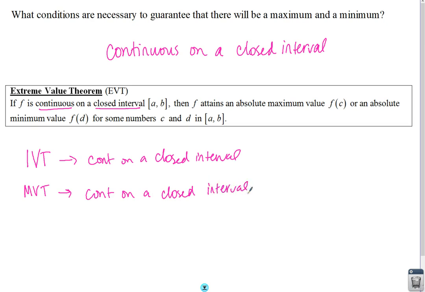What's the extra condition for this one? Continuous on a closed interval, and it also had to be differentiable on an open interval. At some points between the endpoints, you had to be differentiable as well. So these are the three value theorems that we've talked about so far. You're definitely going to want to make sure you memorize them. You've already gotten these two memorized from before. Make sure you now memorize this one in your repertoire of value theorems. So we've got the intermediate value theorem, the mean value theorem, and now the extreme value theorem.